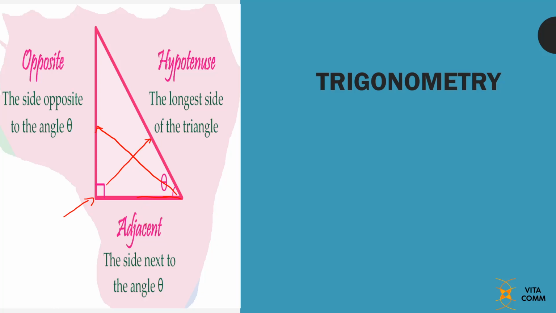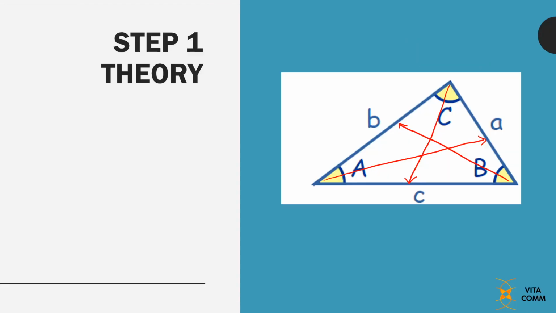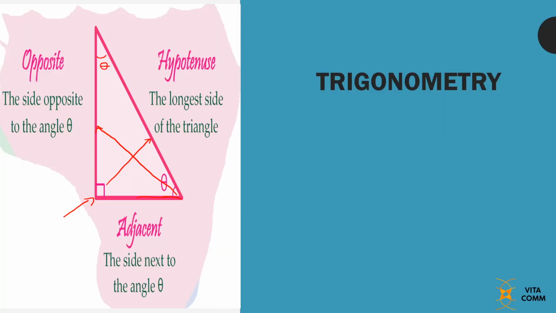However, if we were talking about a different angle, okay, so if we were talking about this angle here, then its opposite would be the side that is now saying adjacent, right? And its adjacent would be the one that is currently saying opposite. So those two sides are not fixed. It depends on which angle we are talking about.